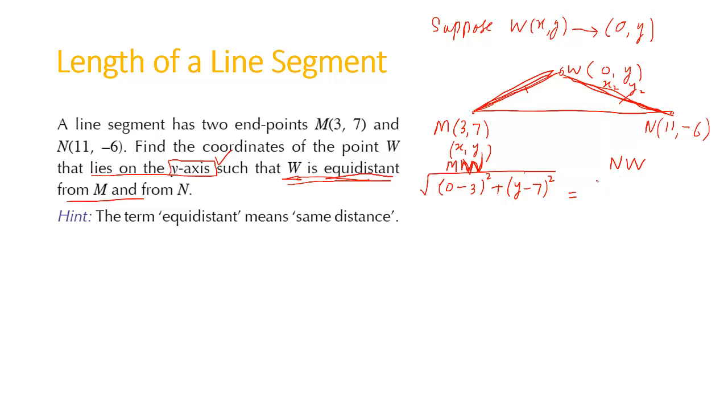Now I will calculate NW. So now I will call this x1, y1, and this x2, y2. What is x2 here? It is 11 minus 0, plus (minus 6 minus y) whole square.